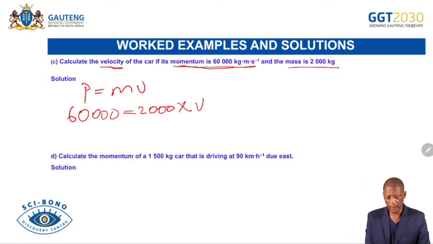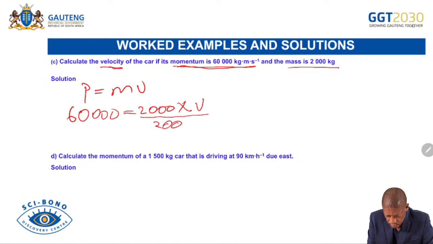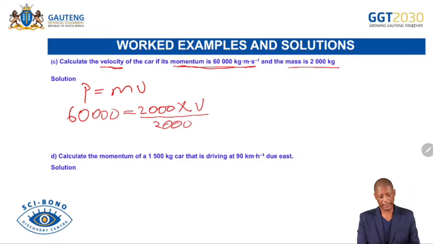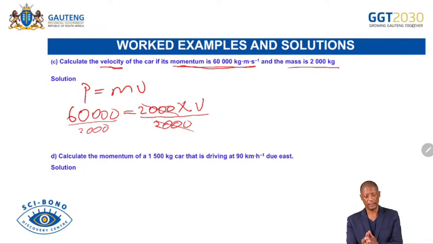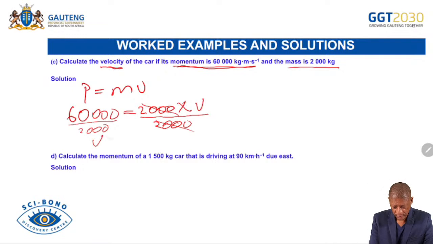In other words, what you do on the left-hand side, you do on the right-hand side as well. So you divide by 2,000. Then the 2,000 cancels out. Now you are left with V, which is V equals.